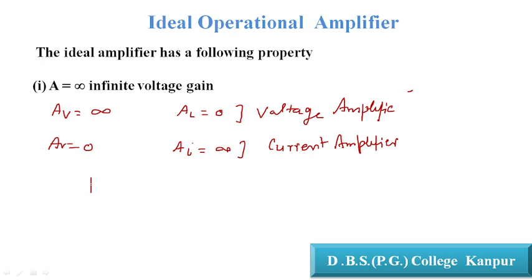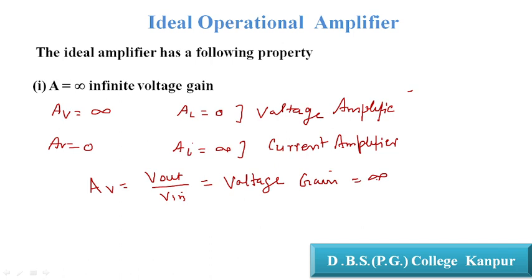So what is voltage gain? Voltage gain AV is V out upon V in. That is called voltage gain, and for the ideal case it is infinite.